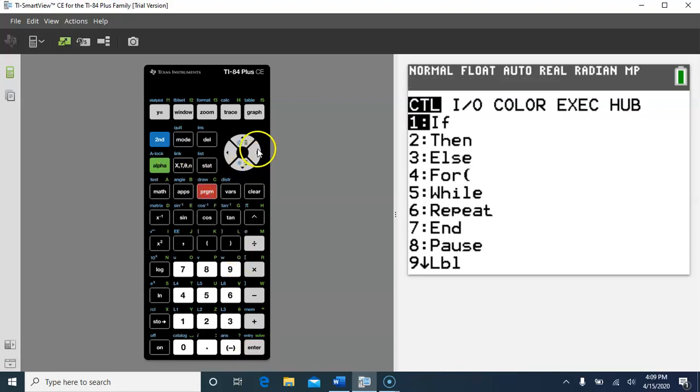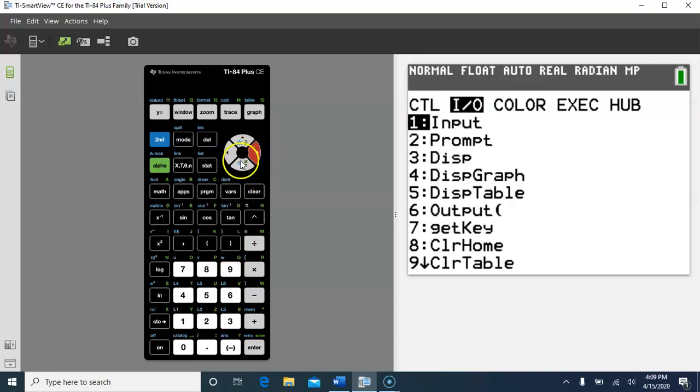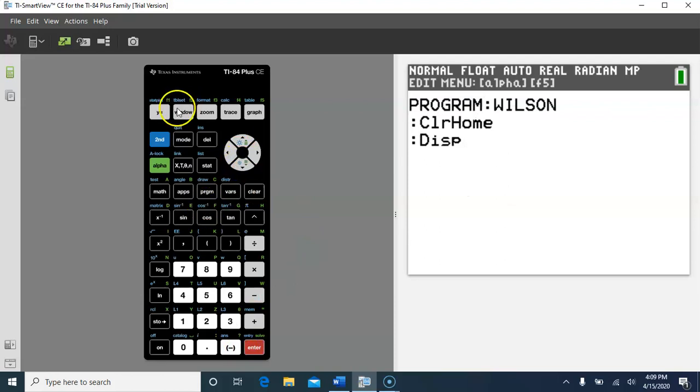Now, the program button, IO, go down to item 3, which says display, and then we're going to lock our alpha key. So we're going to do second alpha, and then we need quotes, which is the plus sign, and we're going to type out Wilson score interval.